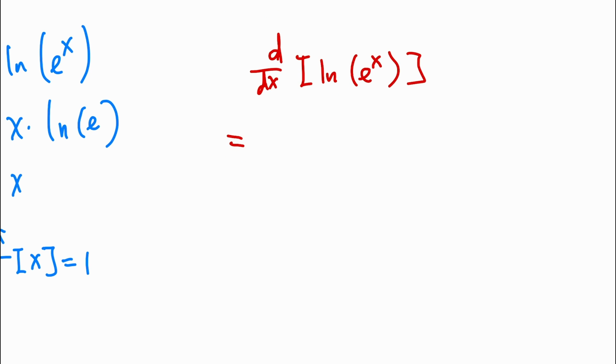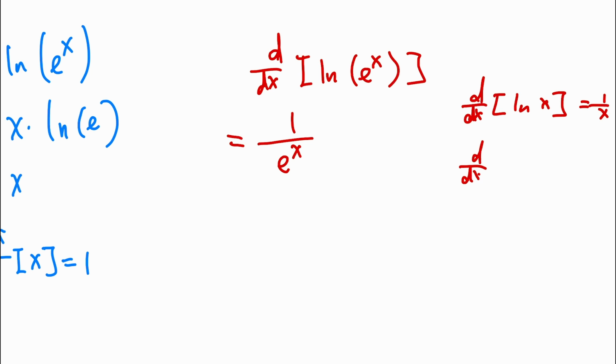Using the chain rule, we take the derivative of this thing with respect to the inside function. So that will be 1 over e to the x, because the derivative of ln x is 1 over x, and the derivative of e to the x is e to the x, and times the derivative of e to the x, so that is just e to the x, and we get 1.